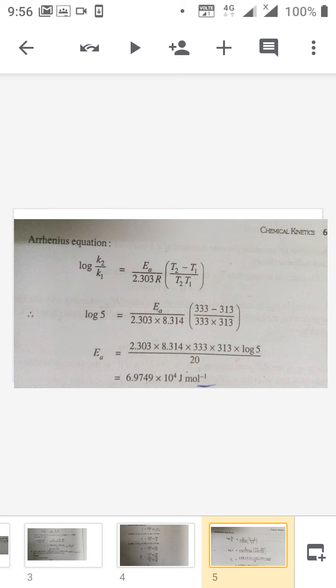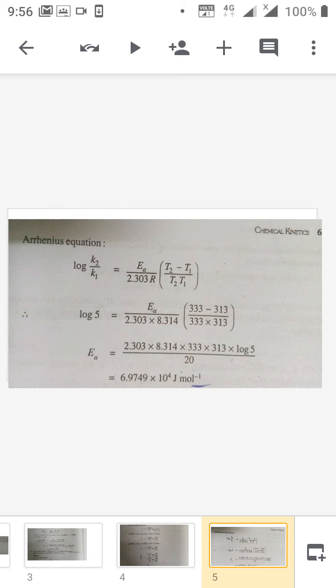So log 5 is equal to EA divided by 2.303 into 8.314 into T. The question is given in degree Celsius, so we have to substitute in Kelvin: 333 minus 313 divided by 333 into 313. Direct substitution, we will get EA in joule per mole: 6.9749 into 10 to the power 4 joule per mole.